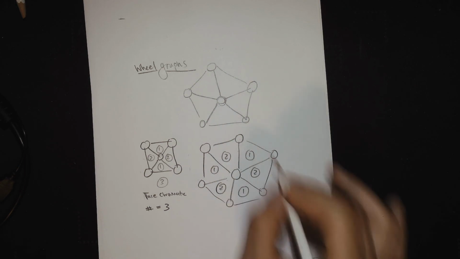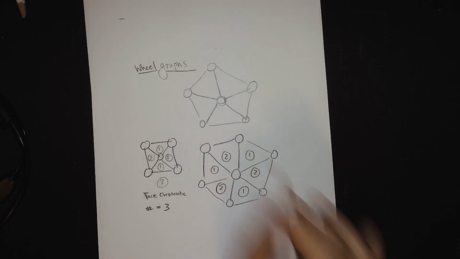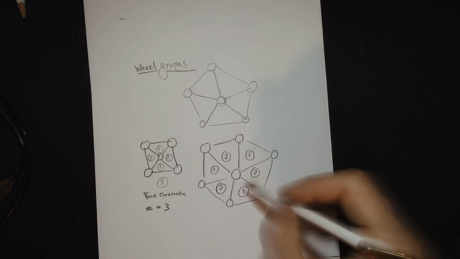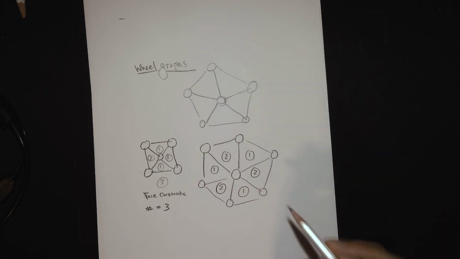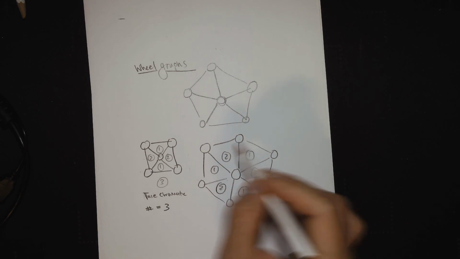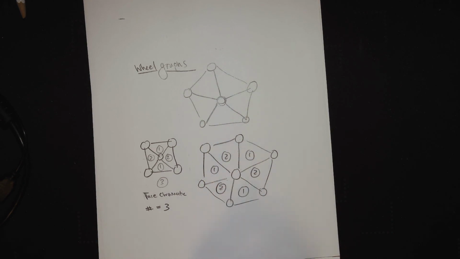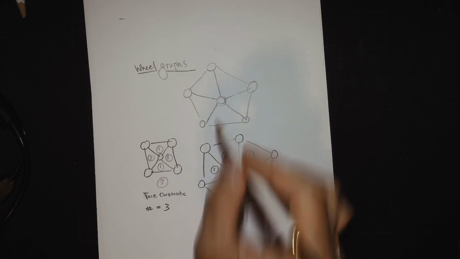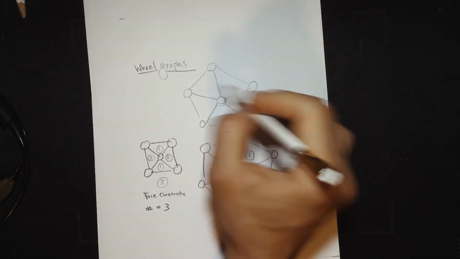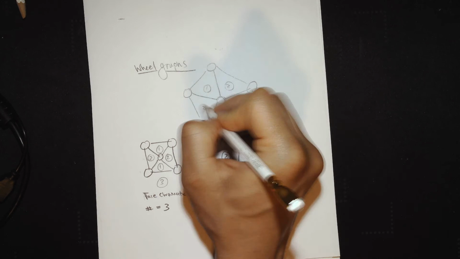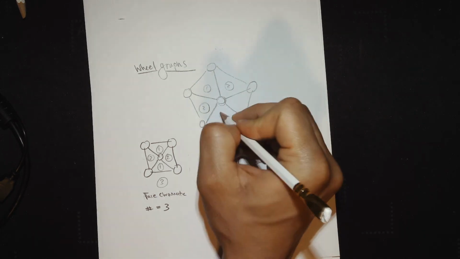So that holds whenever there are an even number of wedges on the inside, which means that the wheel graph would have an odd number of vertices in total, because you're at even on the outside, and then this one would make it odd. So what about the case when we have an odd number of wedges on the inside? So we'd need to do kind of 2 different colors, right?